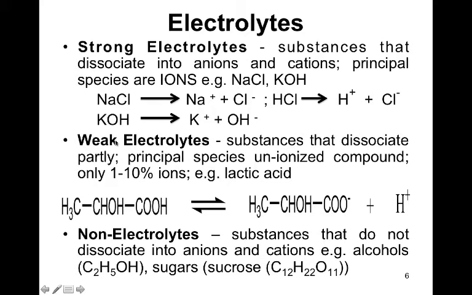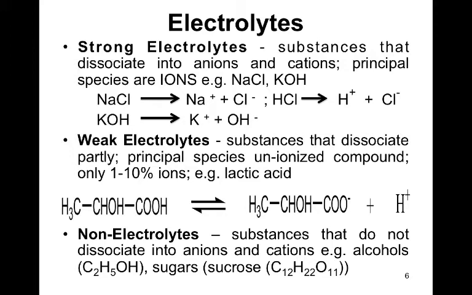The weak electrolytes include weak acids and weak bases. An example here is lactic acid. And lastly, you have non-electrolytes, which are substances that do not dissociate into ionic species, such as sugars and alcohol. Sugars and alcohol are therefore non-electrolytes.